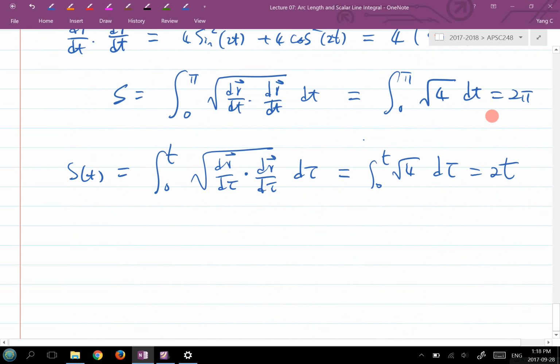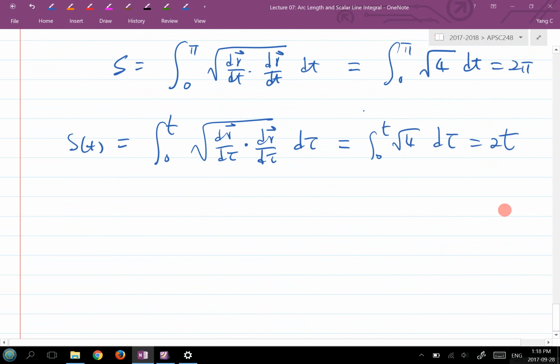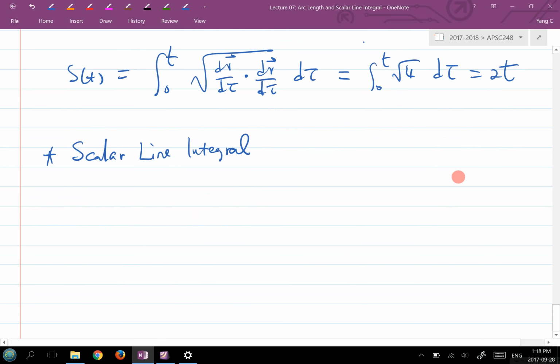The focus is actually on the next one, which is the scalar line integral. I'm going to approach this scalar line integral not just by presenting the formula, but to give you a different perspective on what exactly this formula represents.